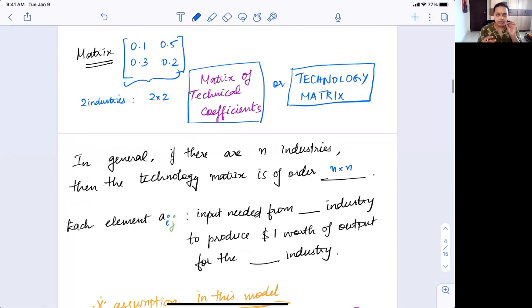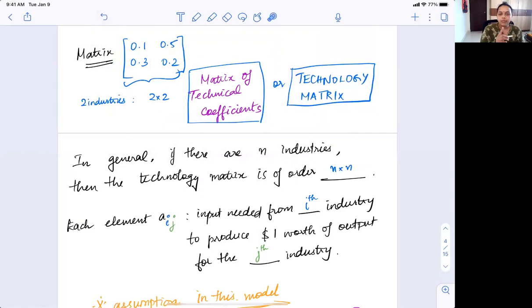And each element Aij is going to be the input that is needed from the ith industry to produce $1 worth of output for the jth industry. So if you want to think about this particular simple matrix that we saw earlier, A11 is the input needed from the first industry to produce $1 worth of output of the first industry.